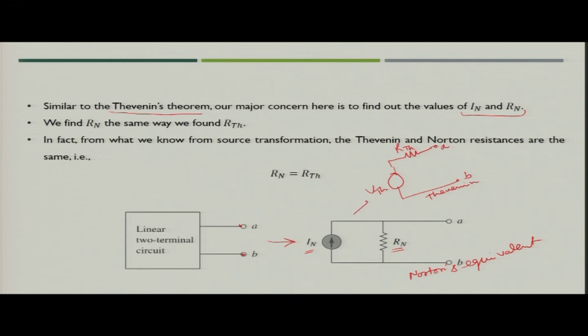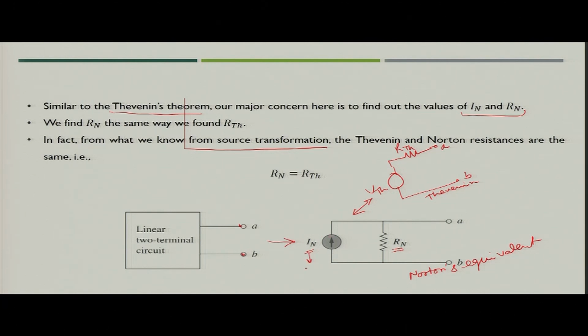Now, if you see these two circuits, Thevenin and Norton's equivalent, they look very similar, if you recollect the source transformation we discussed in the previous week. You can easily understand that if you carry out the source transformation from voltage source to current source, the voltage source divided by RTH, the resistance in series, would be the value of the current source.